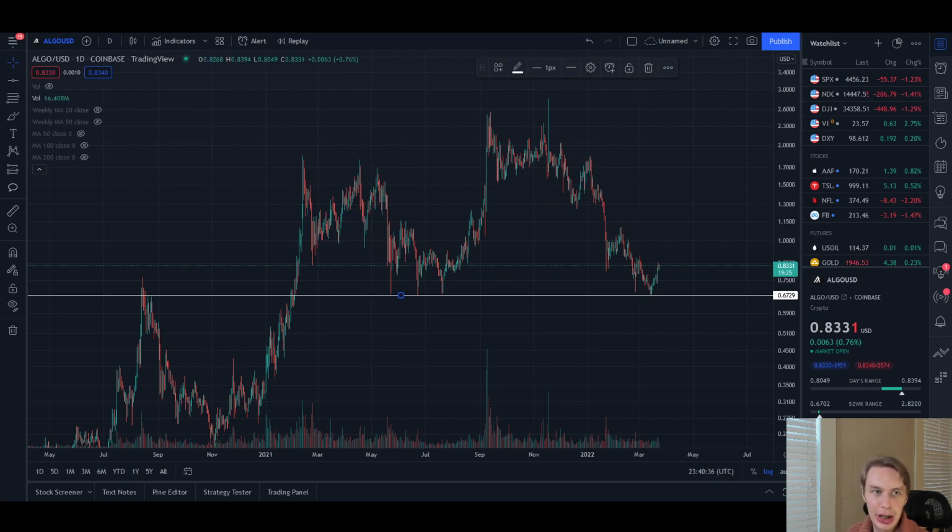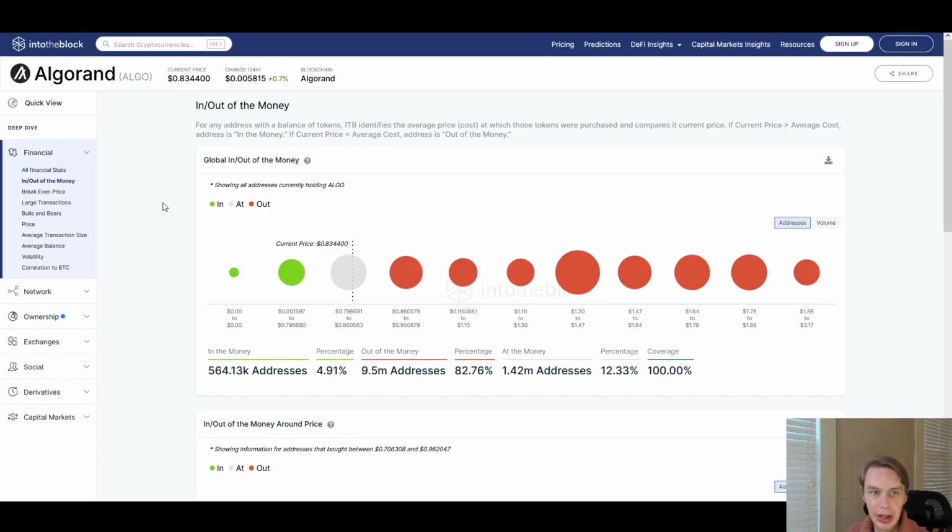I want to take an on-chain data perspective, though, and look at where people's cost bases are, basically. So this is intotheblock.com, and they have really useful on-chain data for a number of different assets, including altcoins, where you can look at where people's cost bases are on an address by address basis, but then also on volume, where the most action has actually transpired, where the most volume has changed hands.